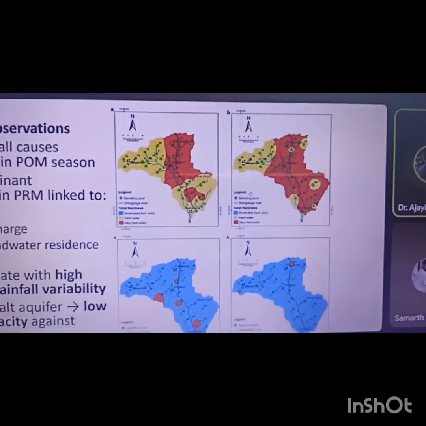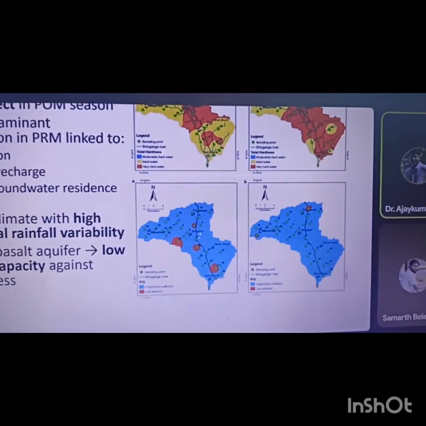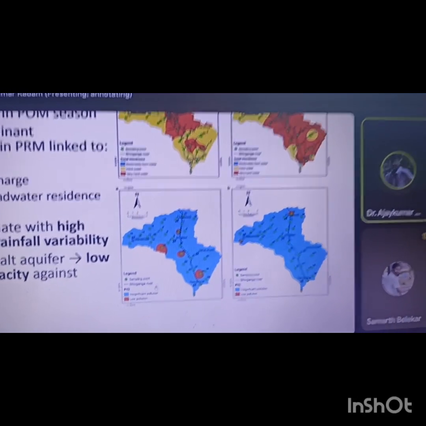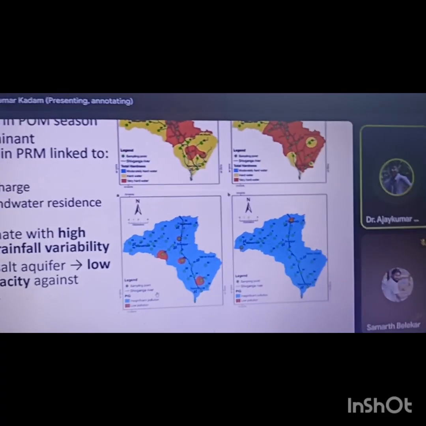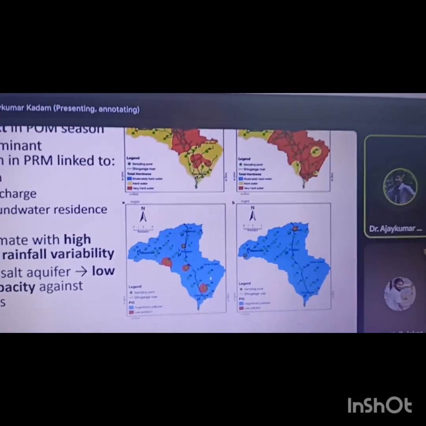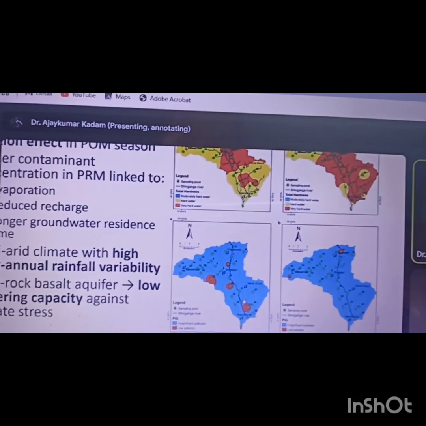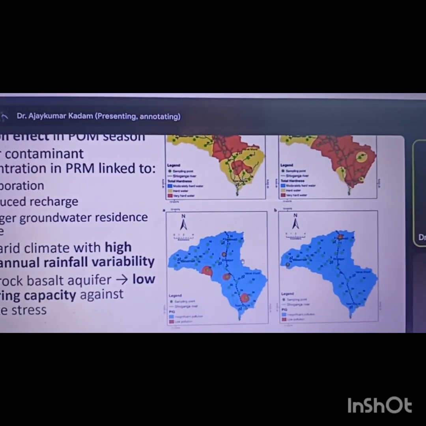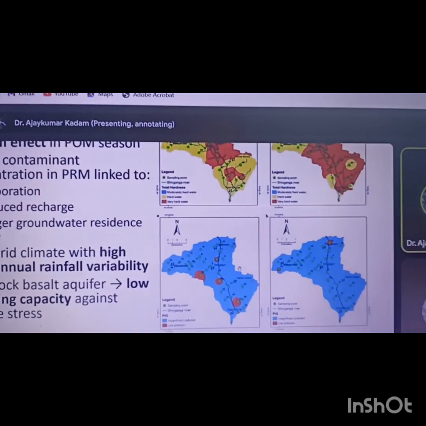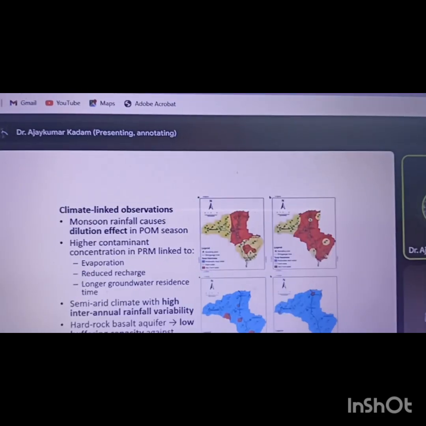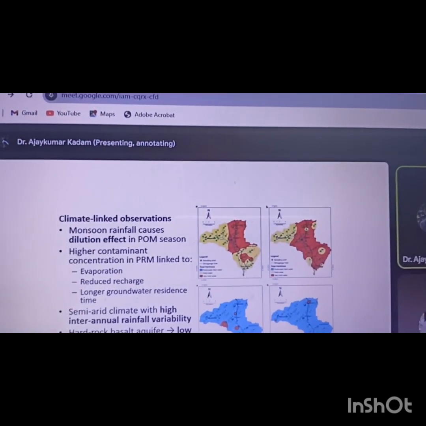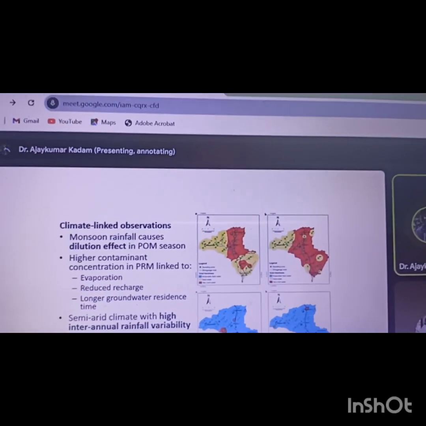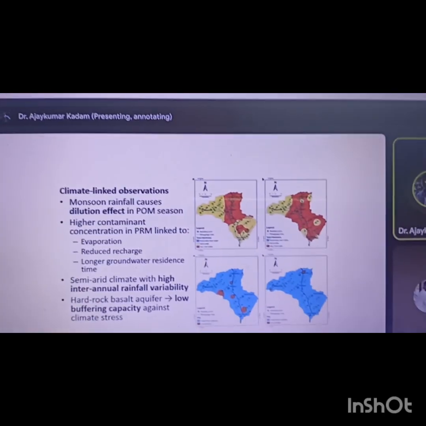Along with the total hardness you can also see the PIG, the groundwater pollution index, where there are just smaller pockets of low pollution, and the other areas are significantly polluted during the pre- as well as the post-monsoon season. So this mapping will be done for water resource management with the help of GIS.